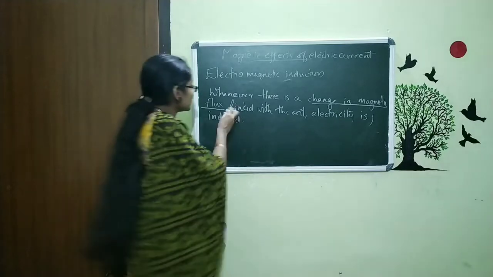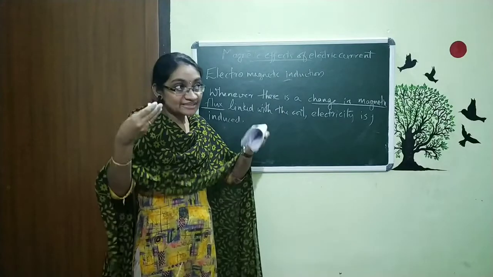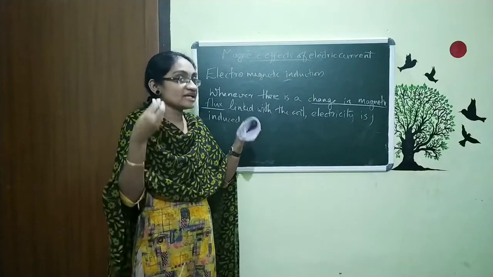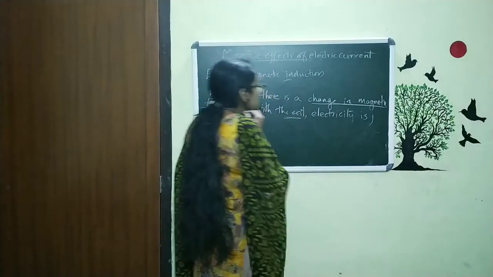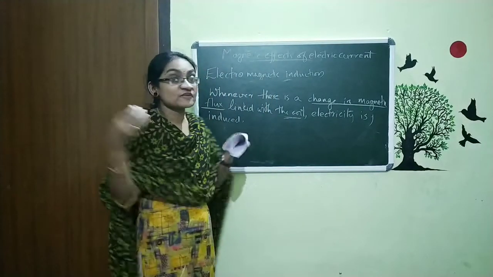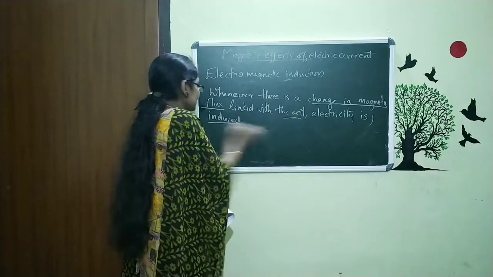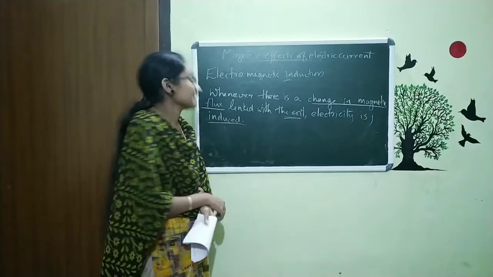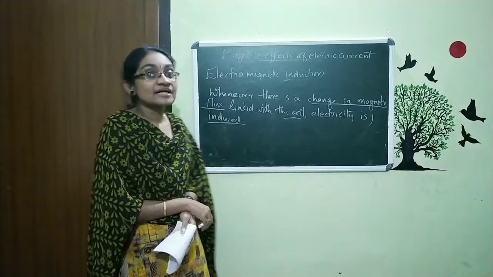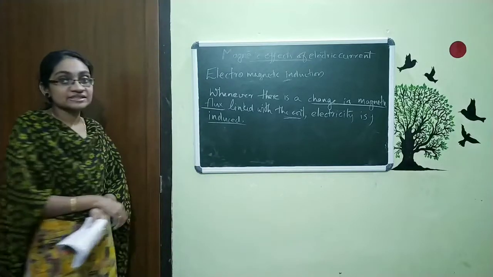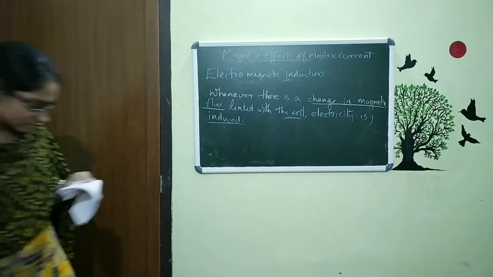And the magnetic flux is linked with the coil, meaning the magnetic flux is interacting with the coil, and if that magnetic flux is changing, then it produces induced electricity, and this is called electromagnetic induction. This is the definition for electromagnetic induction. I hope it's clear for you, and there is something more about this.